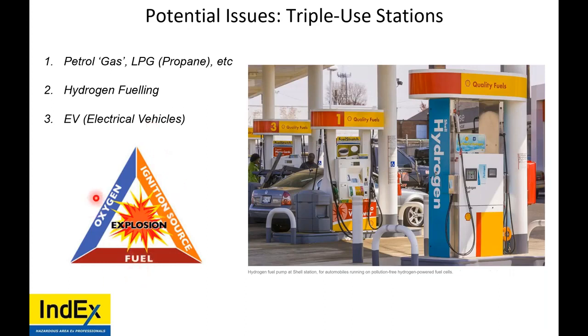Then for the fuel, well, we have hydrogen, petrol, propane. So we have a lot of fuel, we have a lot of potential ignition sources. There's certainly a lot of oxygen around. And hydrogen, even static electricity to the minute detail, will cause ignition of hydrogen.